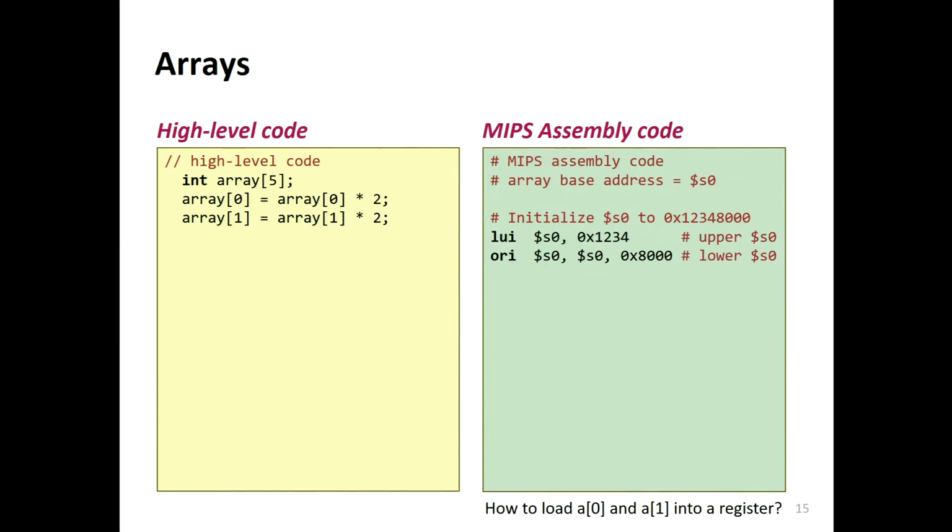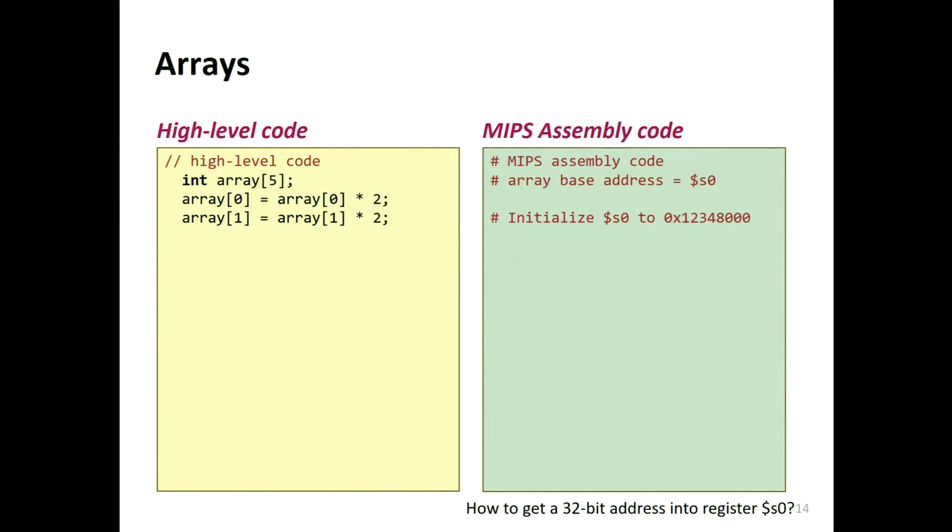Now that we have this high-level code, let's think about how we can get the same result using assembly. As I mentioned before, we need to access the array using its base address. Imagine that here we already tell you that the base address is the same as the previous slide, 12348000. How does one access it?